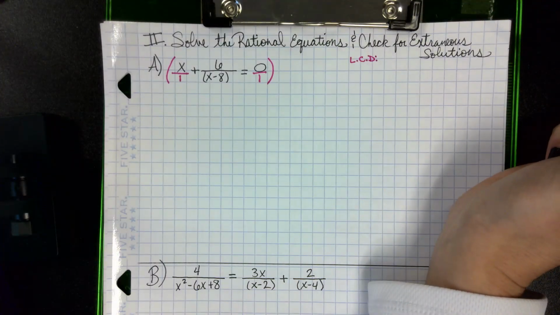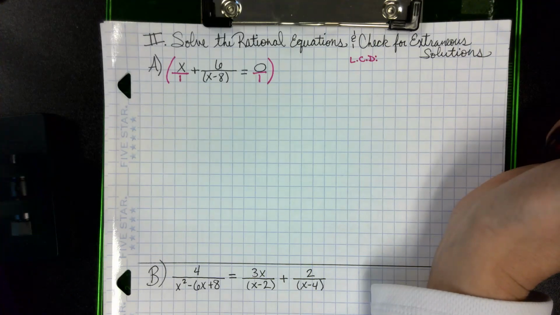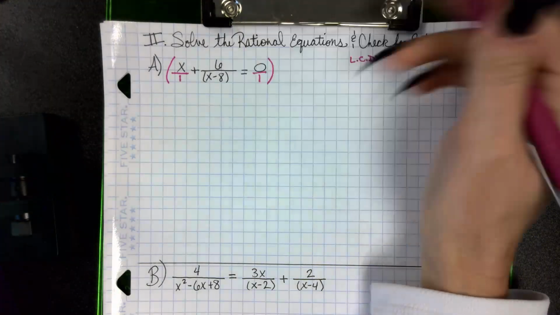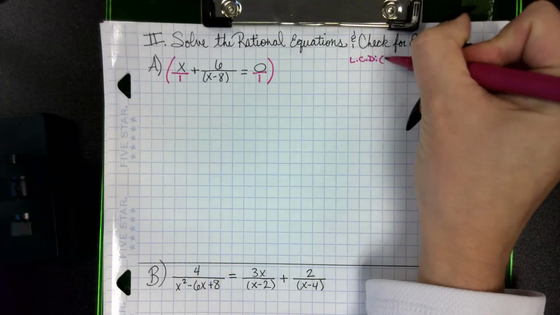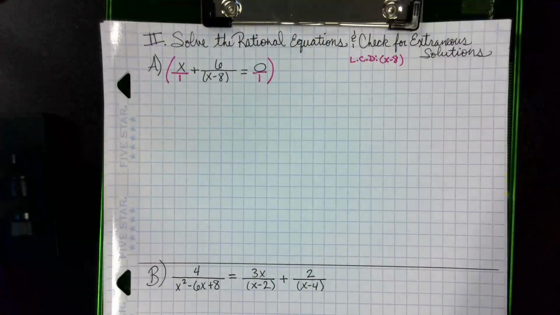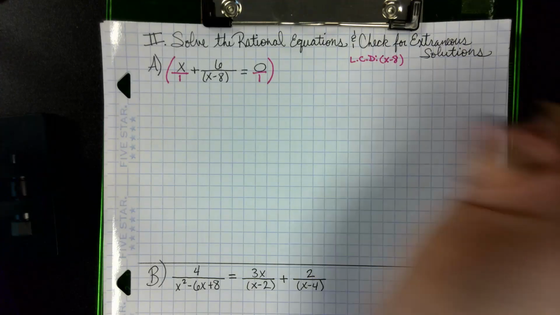You figure it out by listing each unique denominator that is other than 1, because all fractions have a denominator of 1, so we don't need to list that. So denominator 1, denominator x minus 8. The lowest common denominator is going to be x minus 8.